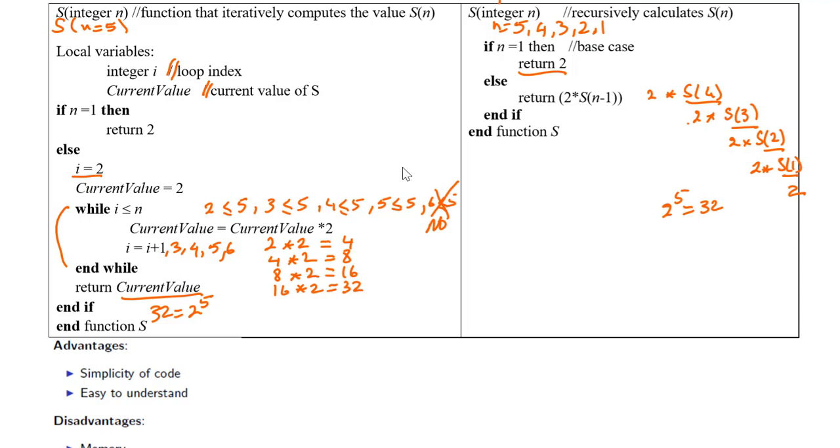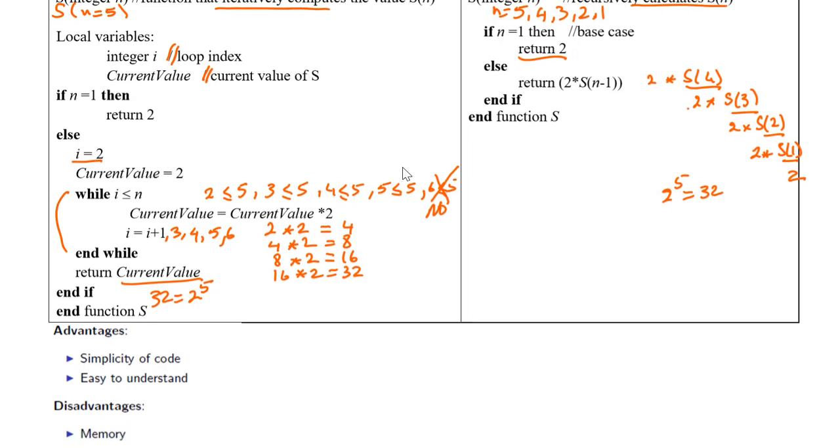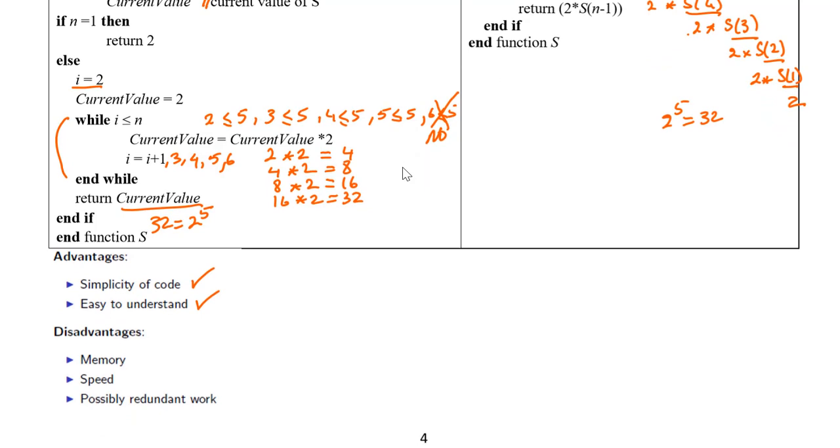So the difference between this code and this one is the iteratively computed value of Sn and the recursively calculated Sn. The advantage of the recursive is the simplicity of code. As you see, very few lines of code, and so it's easy to understand more or less. But the disadvantage of the recursive is memory.